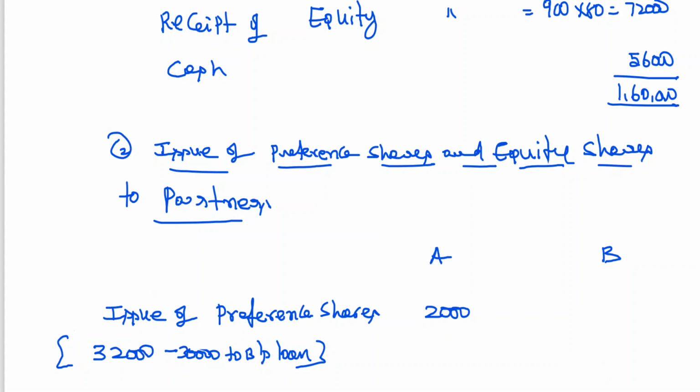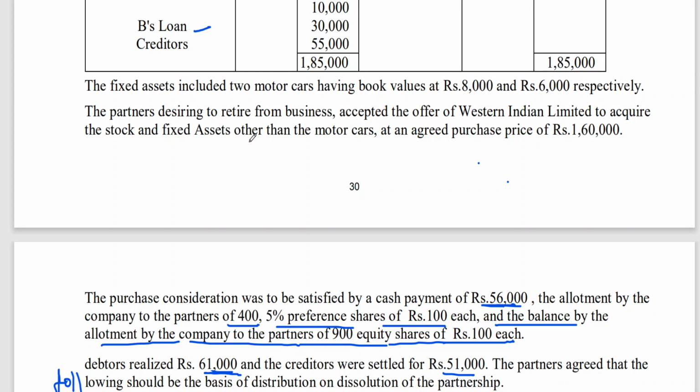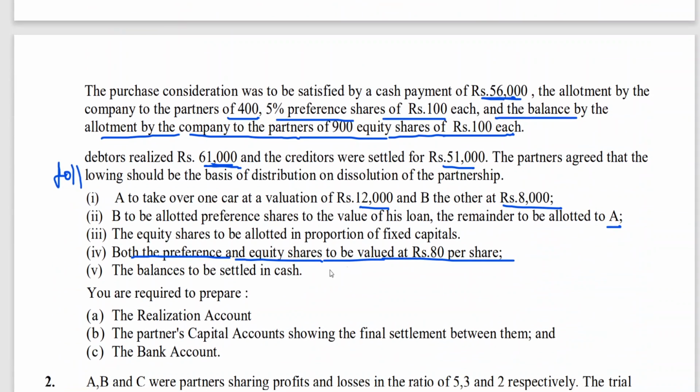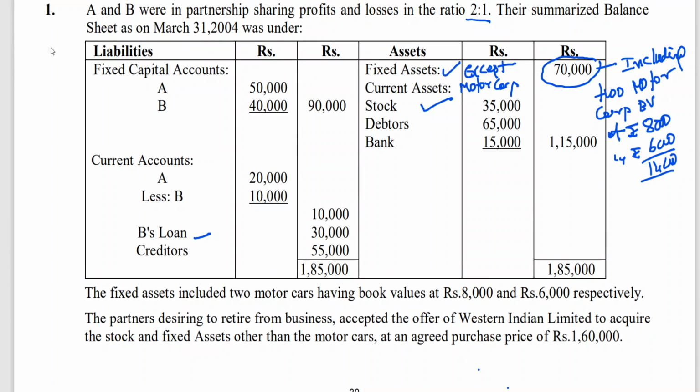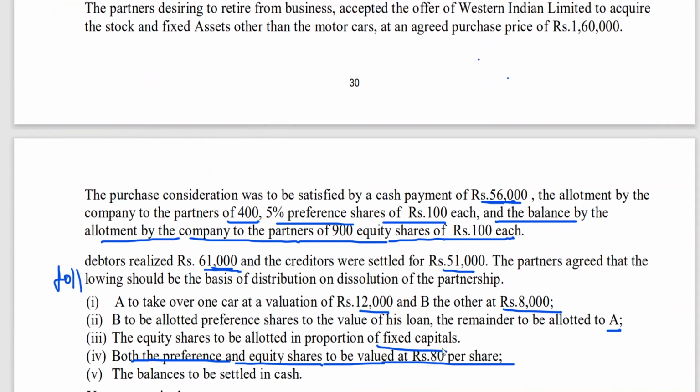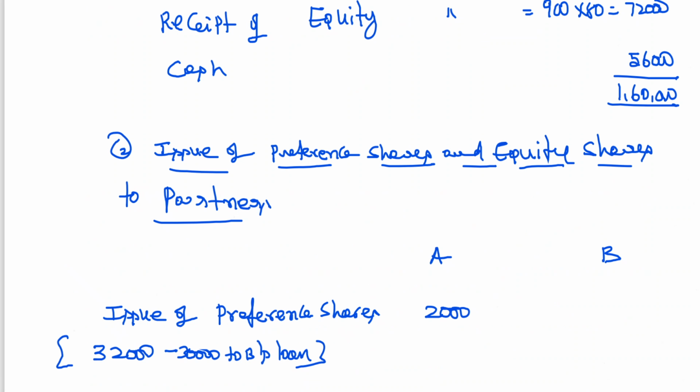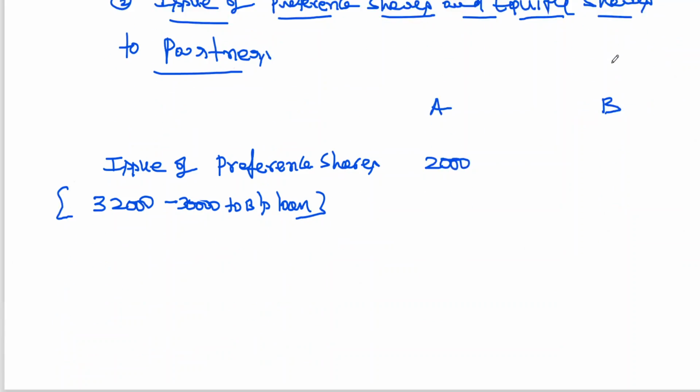Then it says that equity shares are to be allotted in proportion to fixed capital. Fixed capital means here 50,000 and 40,000, which is nothing but 5:4, in the ratio of 5:4. Okay. Now here, equity shares are 72,000.